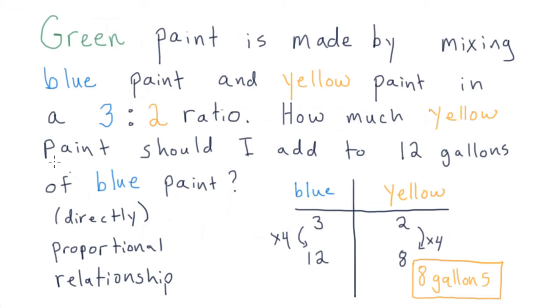The quantities that are in a directly proportional relationship are the quantity of blue paint and the quantity of yellow paint. That relationship is given by this ratio, 3:2. So it's a directly proportional relationship. Now let's look at an example that's actually an inversely proportional relationship, just so you can see the difference in the type of problem.